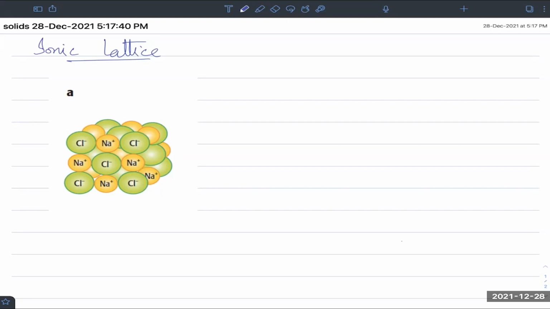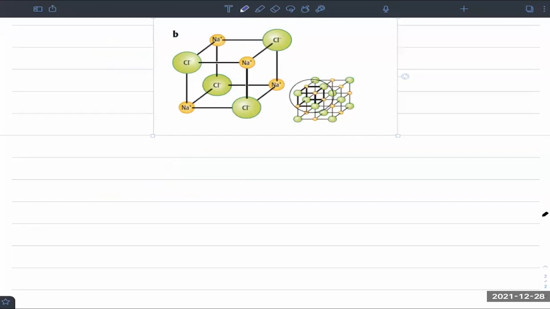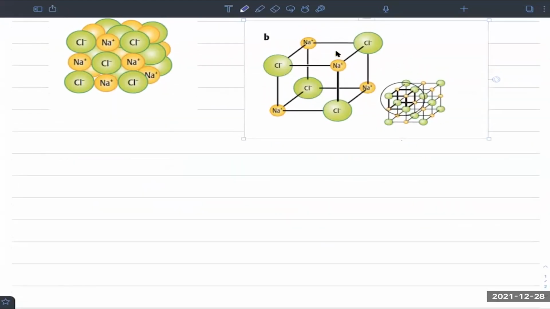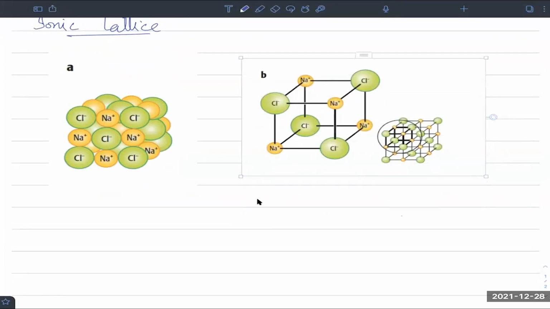Now, if I want to look at the forces in there, we can use this ball and stick model. This model shows how the forces are there, that these particles have strong electrostatic forces. The forces are there because there's a negative charge on every anion and a positive charge on every cation, and they have a strong force of attraction between them.